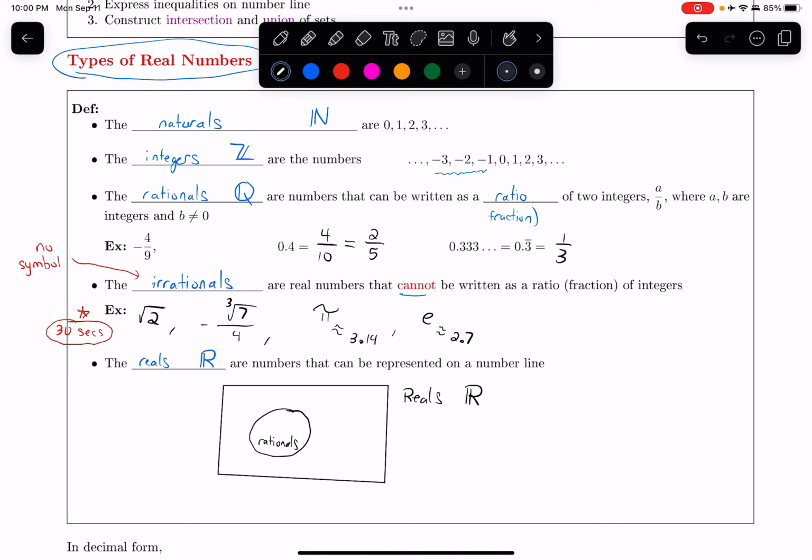So the symbol for rationals is that capital Q with that extra vertical line there. Well, then what would be all of this stuff? All of the stuff that's not in the rationals circle, but still nonetheless inside of that reals rectangle. Well, that's all the irrationals. All the irrationals are reals that are not rational. Okay, that's just sort of a visual way to think about those three.